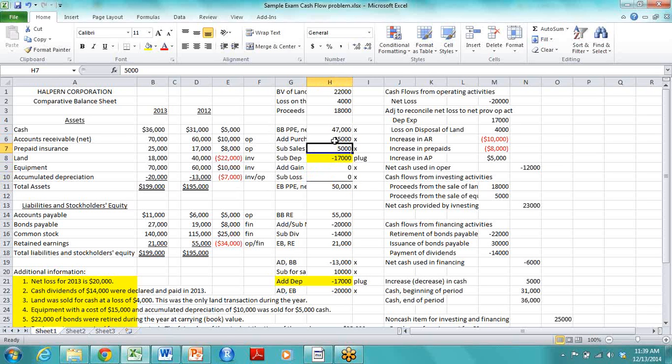I think I just have the wrong number under sales, but let me double check that. And I will get that back to you. But I think the professor also posted a roll forward, or he will be posting a roll forward for PP&E. So let me know if you still have questions after that.